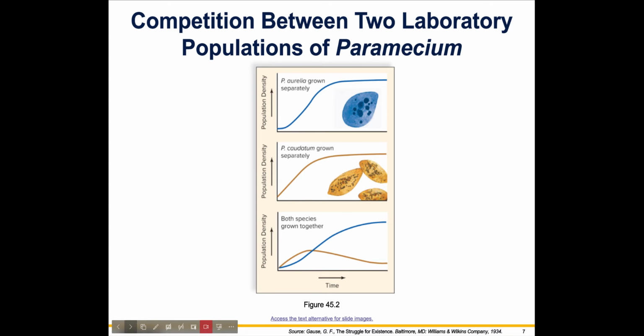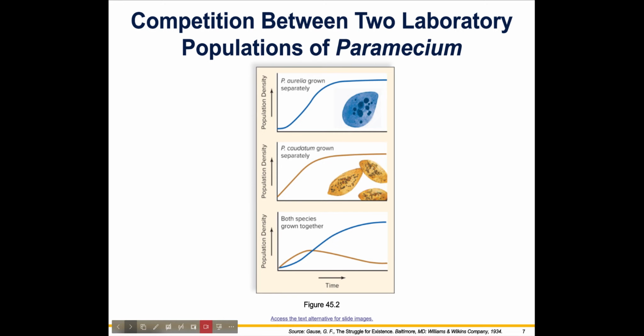And so we can then take a look at some ideas here within our community. When we look at a niche, we cannot have two living things occupying the exact same niche at the exact same time. And we have this experiment that was taking place in the 1930s that really illustrates that for us.